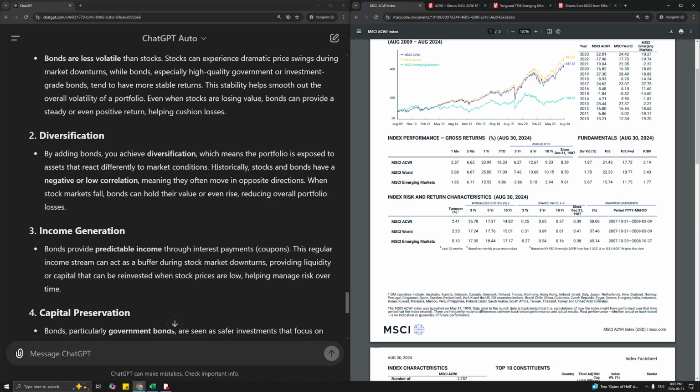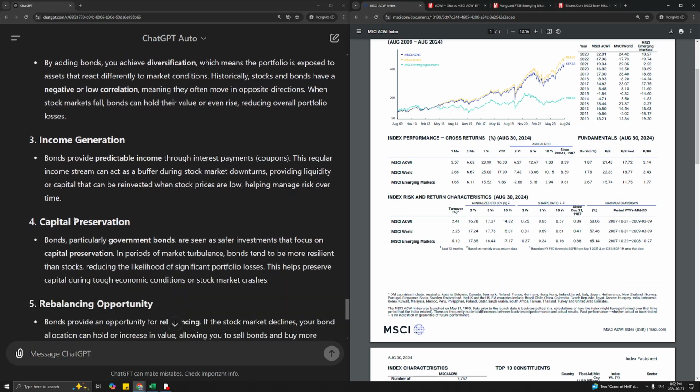Rather than owning the company, you're lending to the company, and that's a way of diversifying your risk profile. You're more senior than stock, so if the company were to go bankrupt, you're more likely to get your money back.